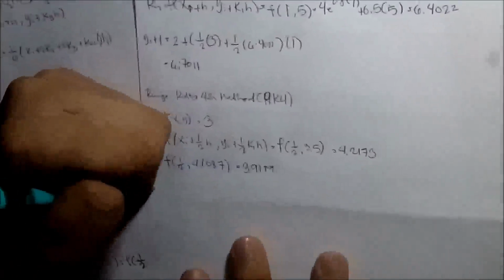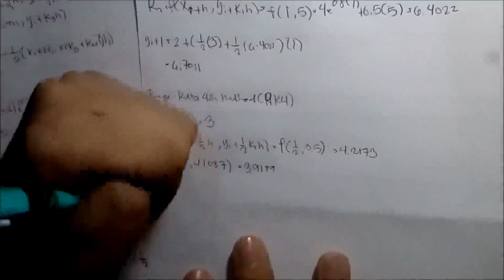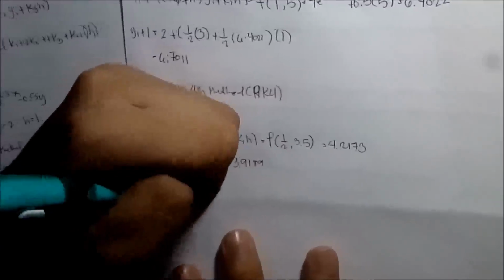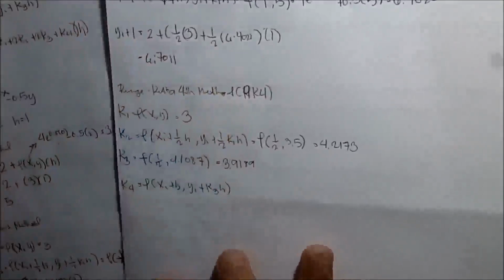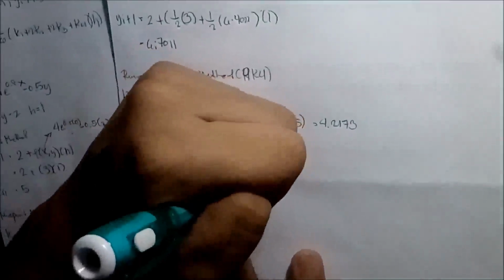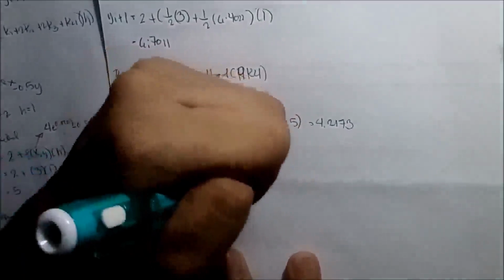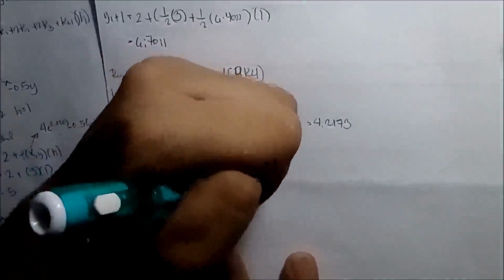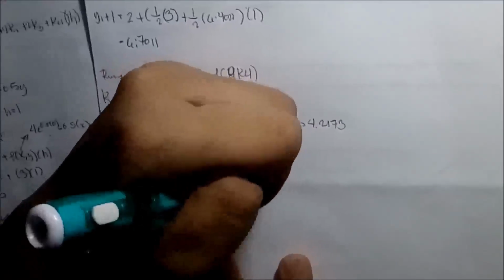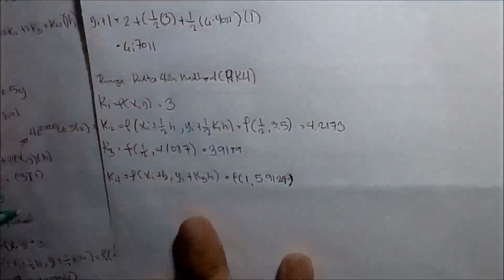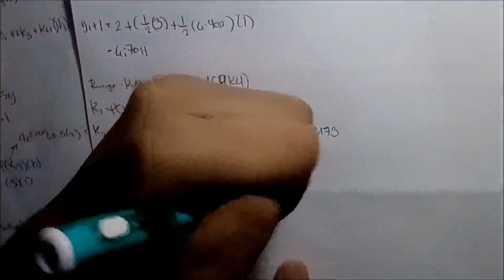K4, f of xi plus h, yi plus K3 h, the same with this with the Heun's method. The f of x and y will be 1 and 5.9129. The answer will be 5.9457.